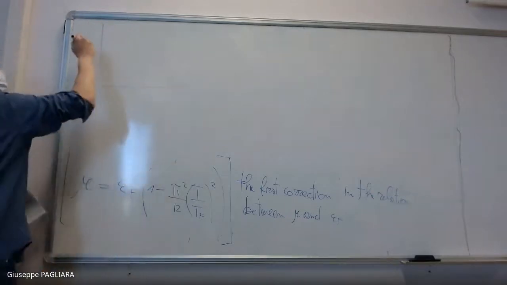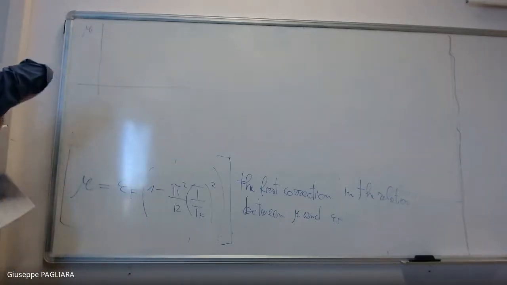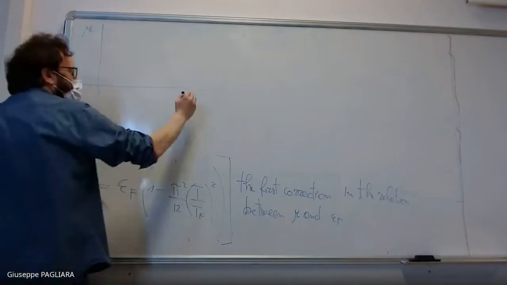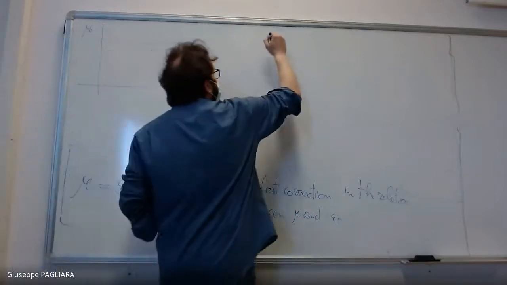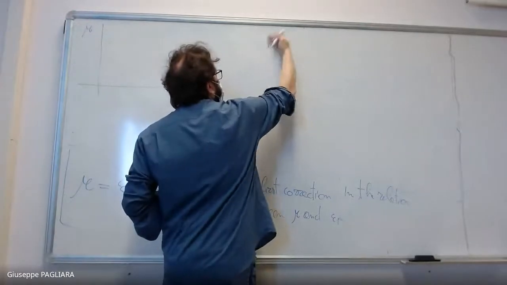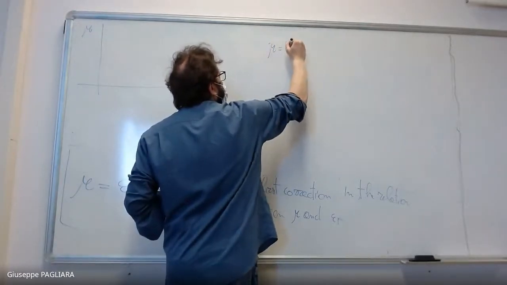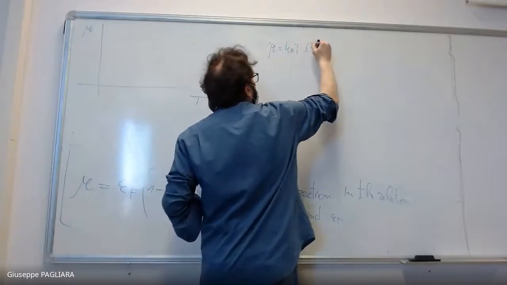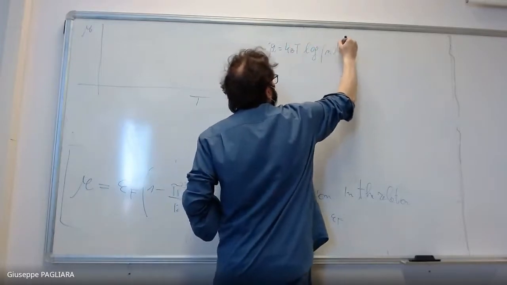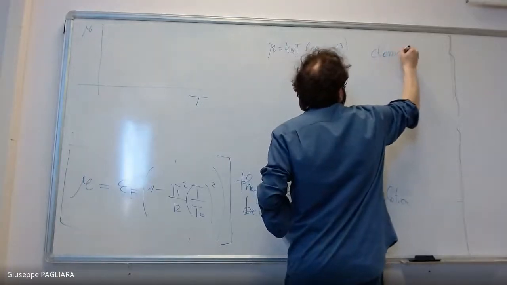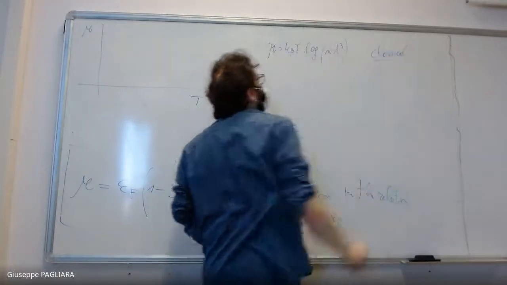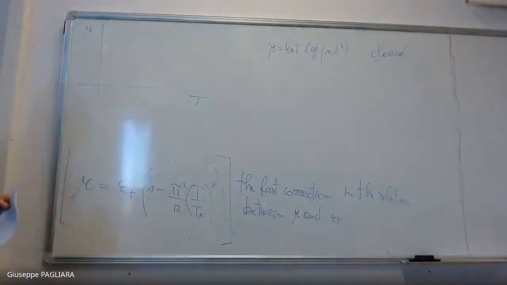Okay, so let me make a plot of mu as a function of the temperature. For the classical case, we have that mu is equal to kBT log of n lambda cubed. So this is the classical relation.